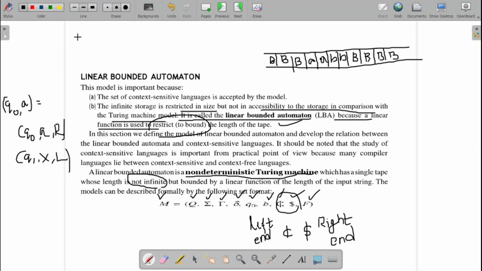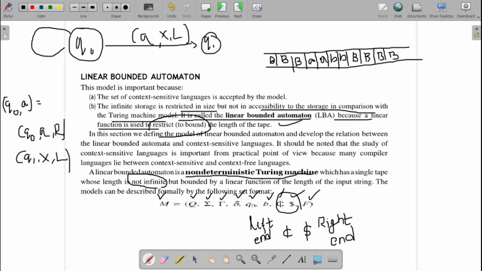So how can it be written? Q naught is the first state. On A, I can go to Q1, replace this A with X and move left. This can be one such move.